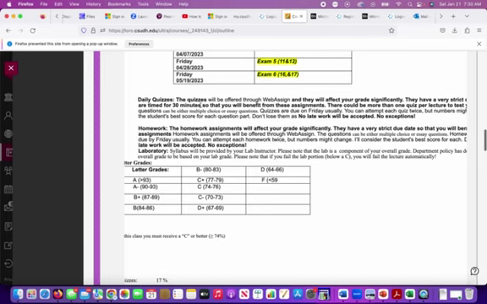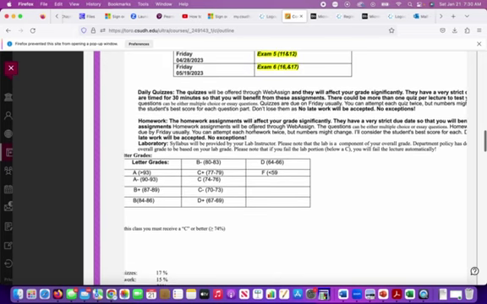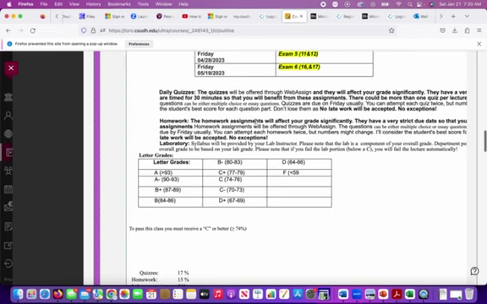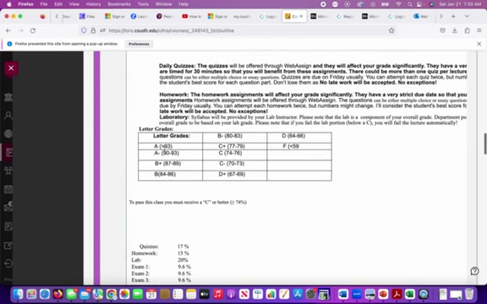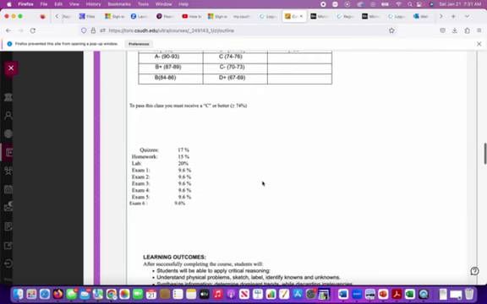Start working on your quizzes and homework assignments, because they are going to affect your grades significantly. Both are usually due by a Friday. Your grades will be determined based on this scale, which is the scale of our department.